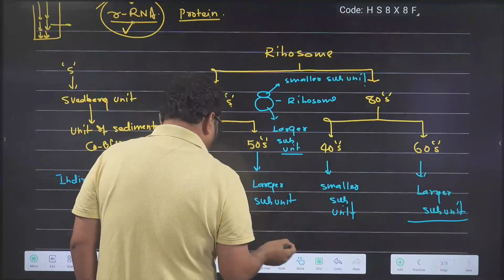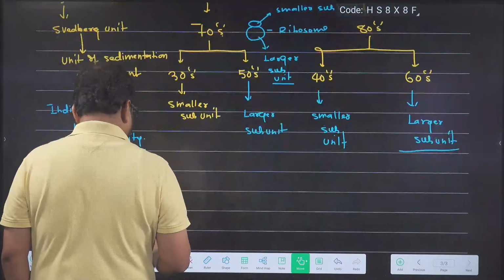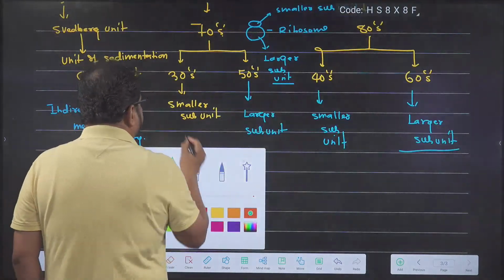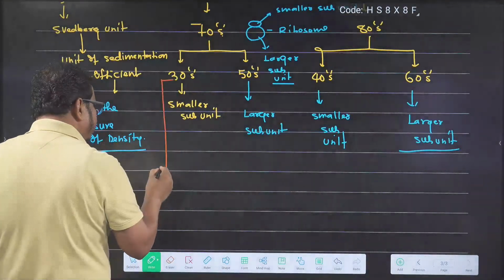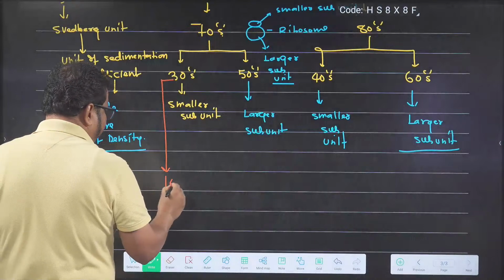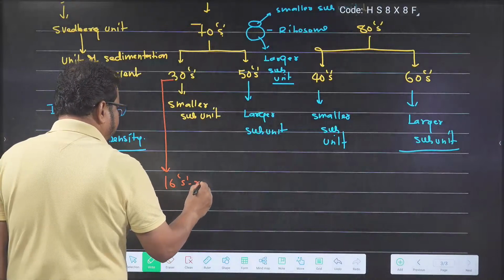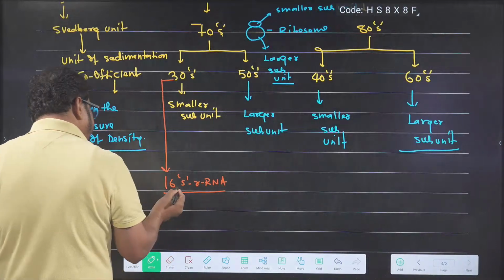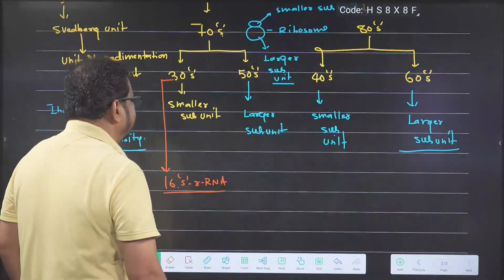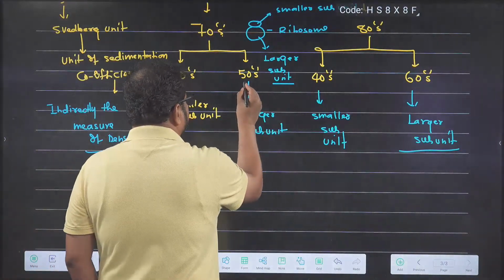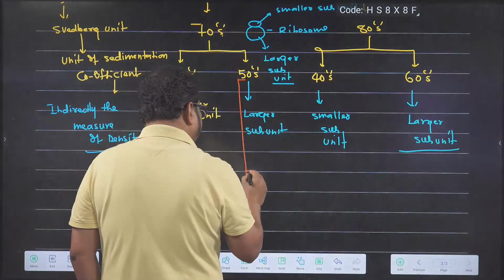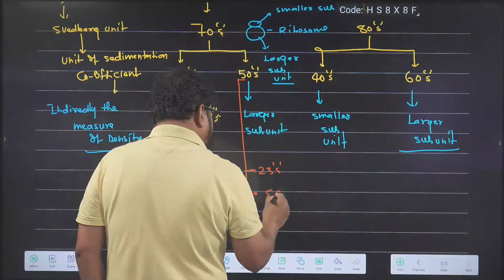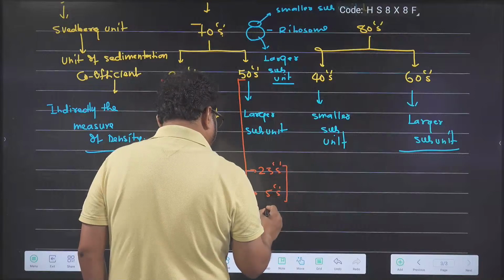If you want to know in more detail, in 30S, 16S rRNA is present. Ribosomal RNA, whose density measure is 16S. In the larger subunit, 50S, 23S and 5S rRNA are there.